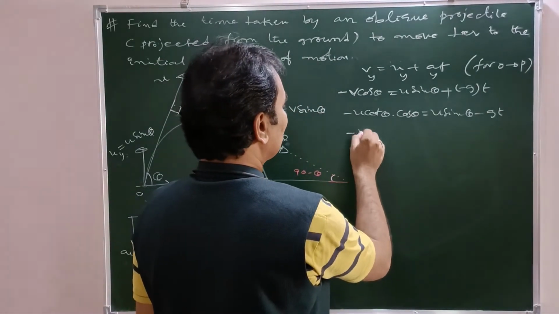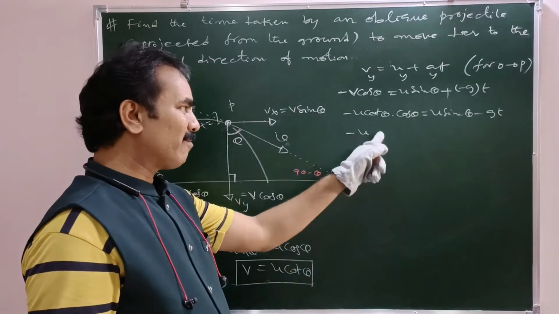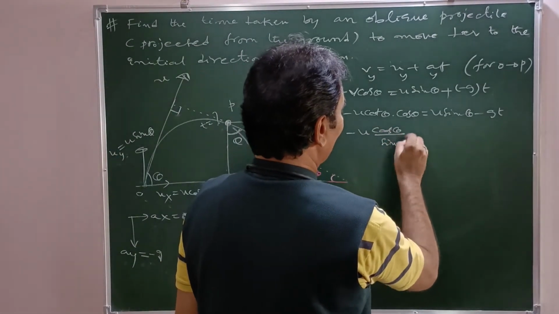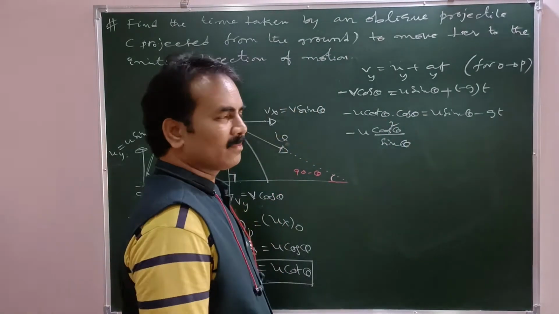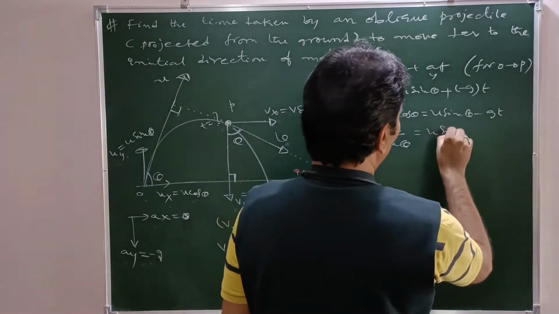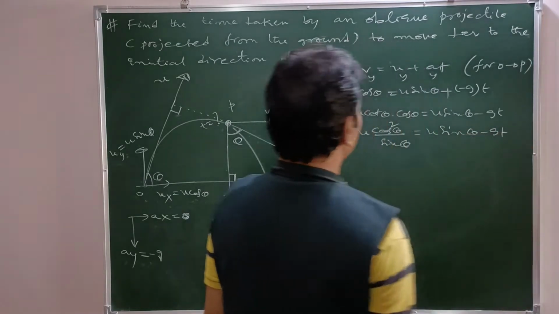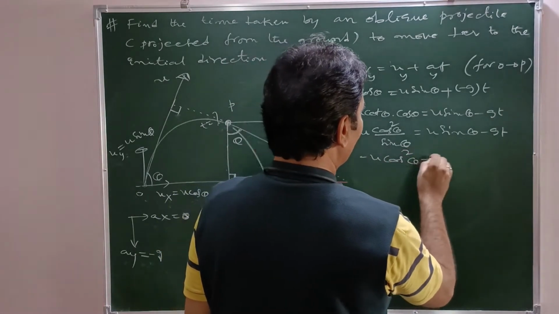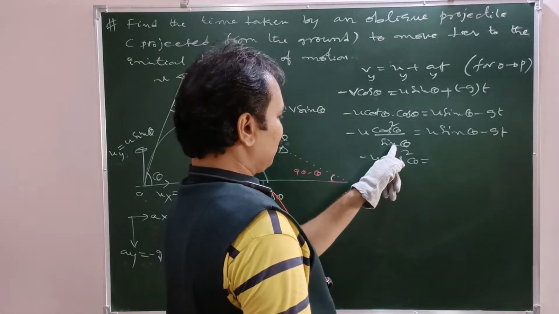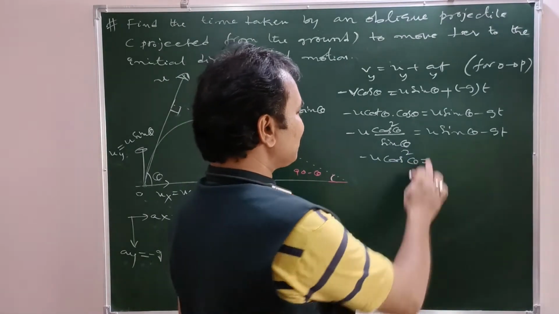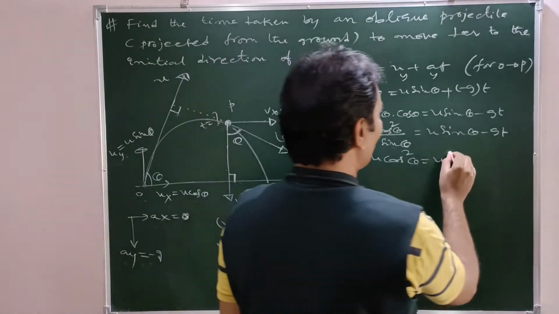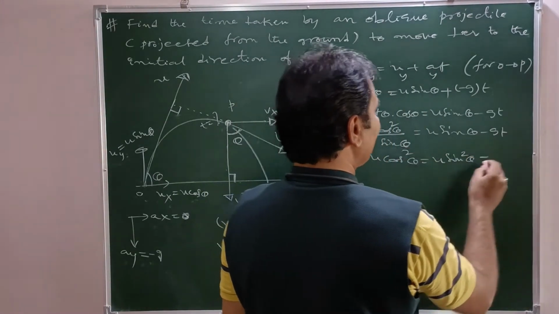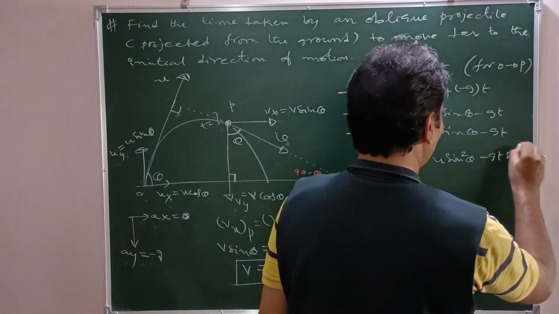That is minus U cot theta, meaning cos theta by sin theta, into cos theta, which means cos square theta. That is equal to U sin theta minus gT. That is minus U cos square theta equals, carry this sin theta onto the RHS, that is U into sin theta and sin theta, sin square theta, minus gT sin theta.